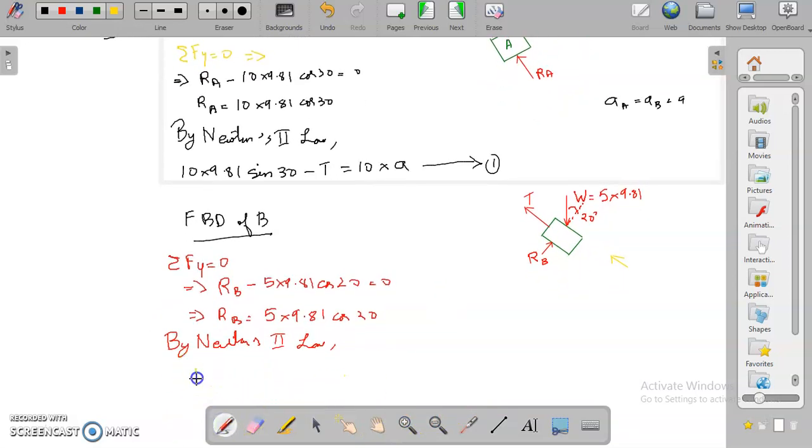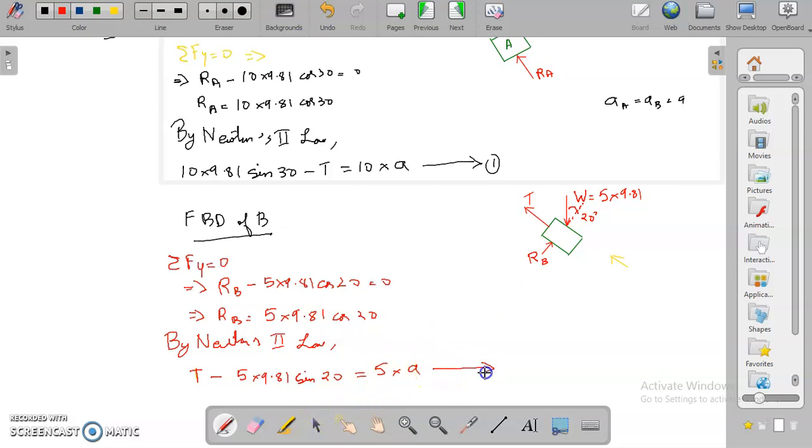So T minus 5 into 9.81 sin 20 will be equal to mass into acceleration, and the mass is 5 and the acceleration is the same a.